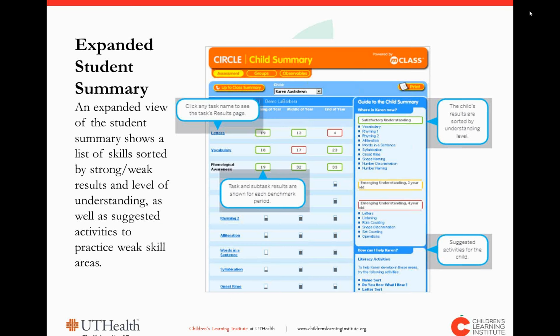In the expanded summary, they see a list of skills sorted by the child's strong areas as well as their weaker areas, and activities from the CIRCLE Curriculum Activity Manual, which some classrooms use as their only curriculum.